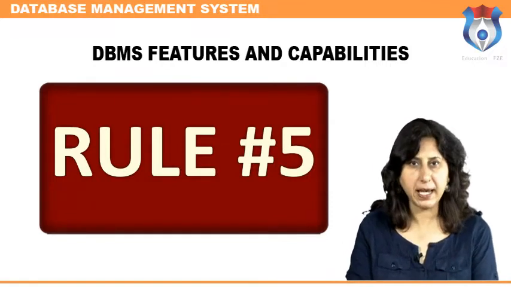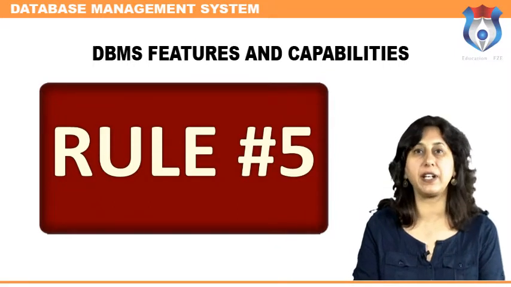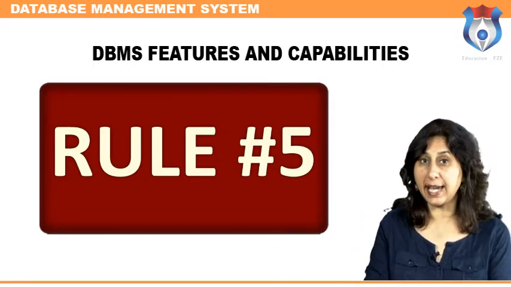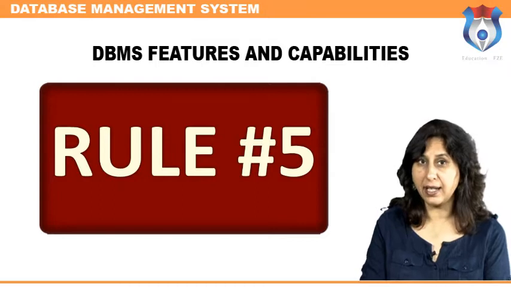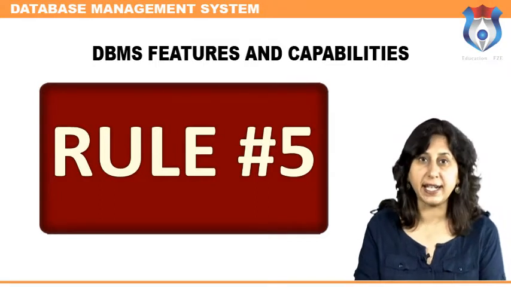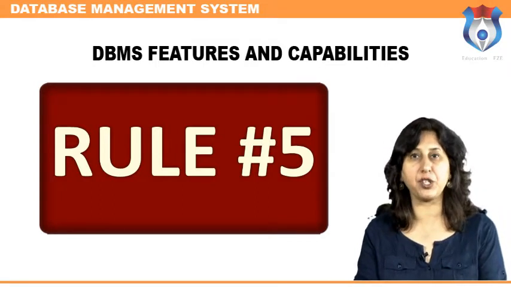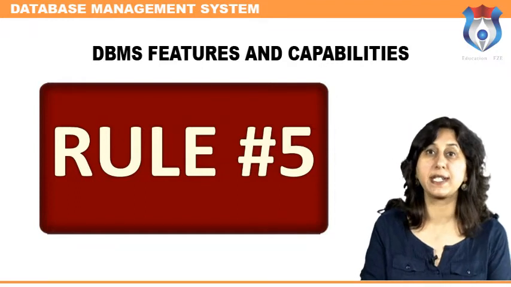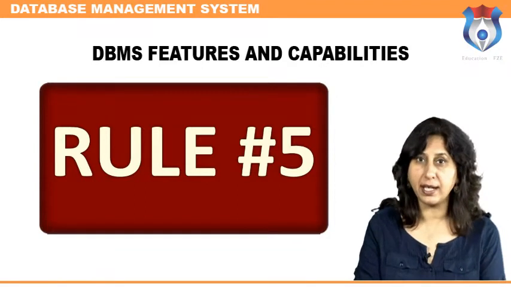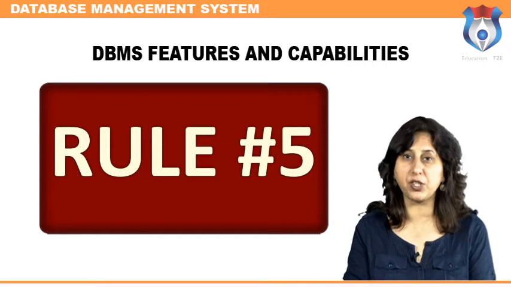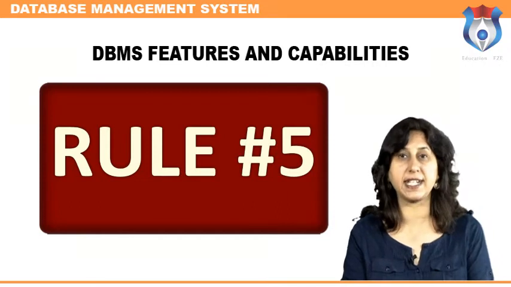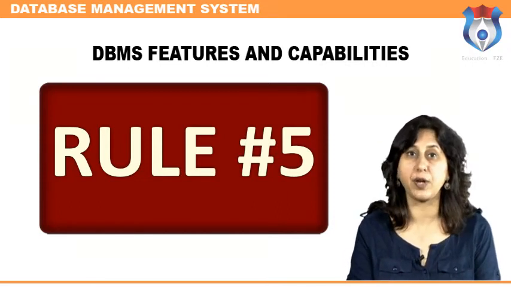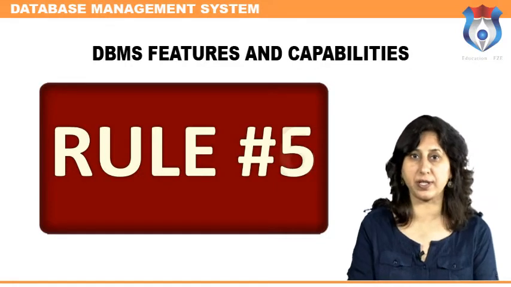The system must support at least one relational language that has a linear syntax, can be used both interactively and within application programs, supports data definition operations, data manipulation operations, security and integrity constraints, and transaction management operations.